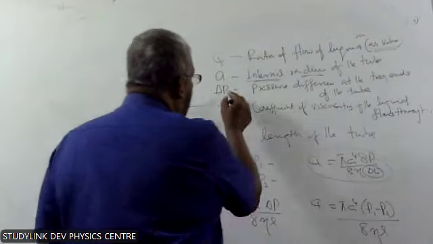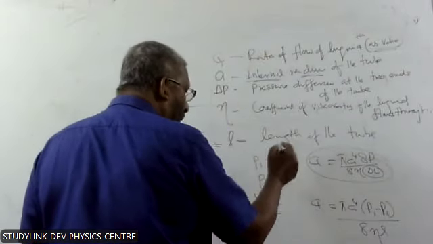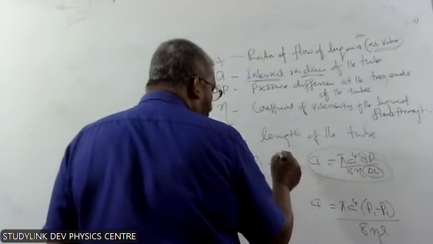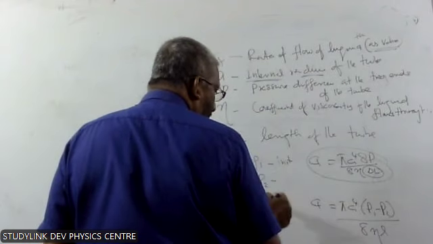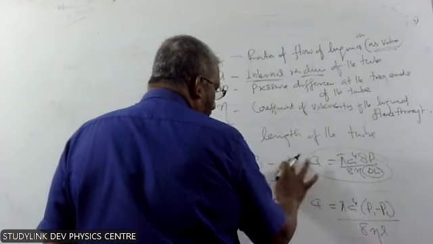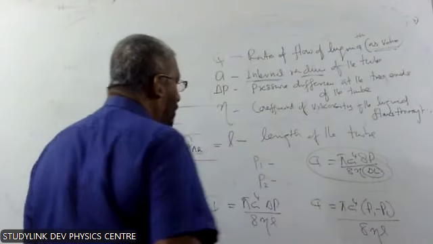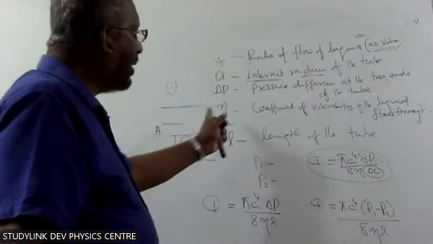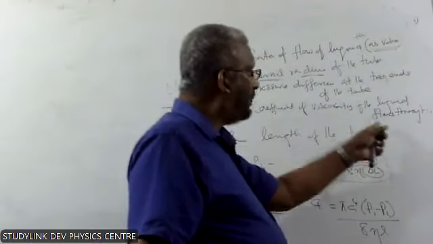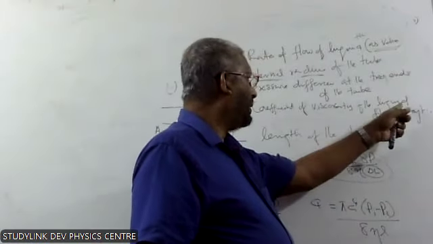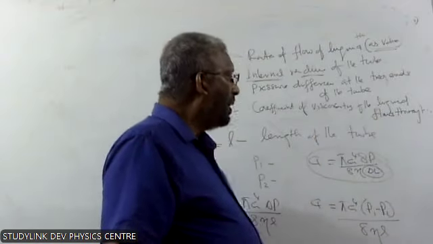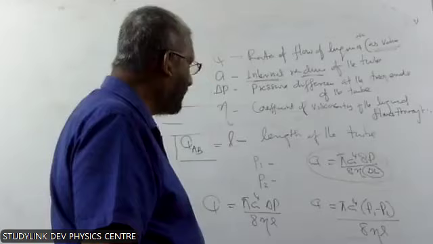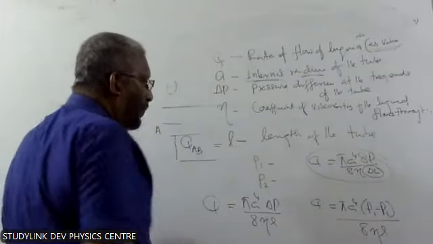Pressure difference is delta P. If it is P1 and P2 in this equation, P1 is the first end pressure, P2 the second end pressure. Eta is the coefficient of viscosity of the liquid that flows through. Up to this it is enough, but better to write this. L is the length of the tube or pipe. Description is like that for A levels.